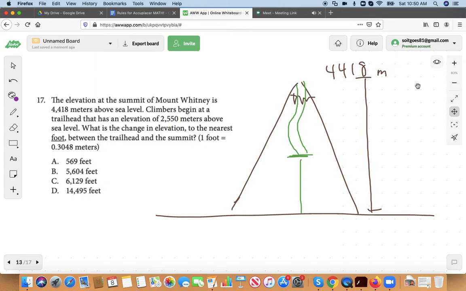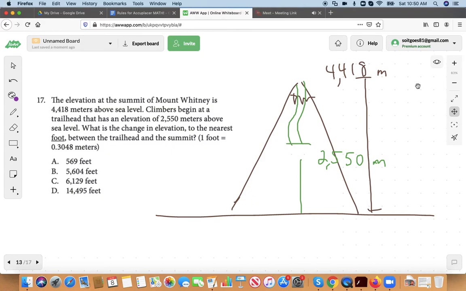But that point is 2,550 meters above sea level. Is this making sense? Yes. Okay, I should probably have it up a little bit higher, actually. In fact, I'm going to do that. I really want to conceptualize this the right way. So that's a little bit more than halfway. Does that make sense why? Yes.